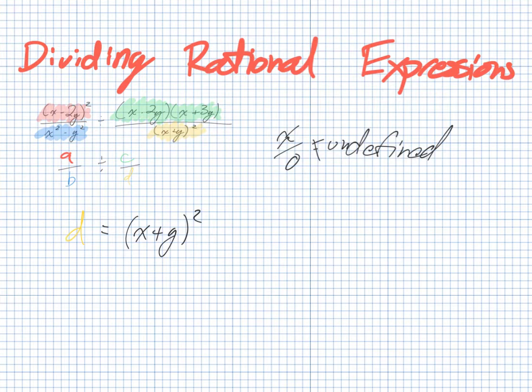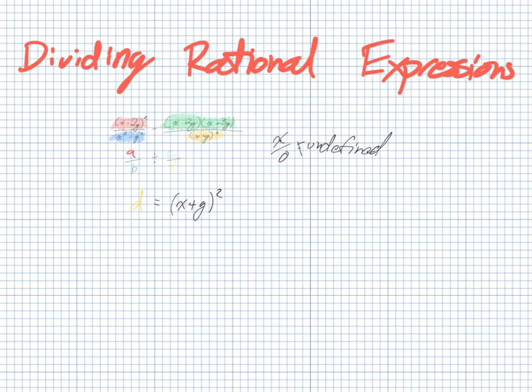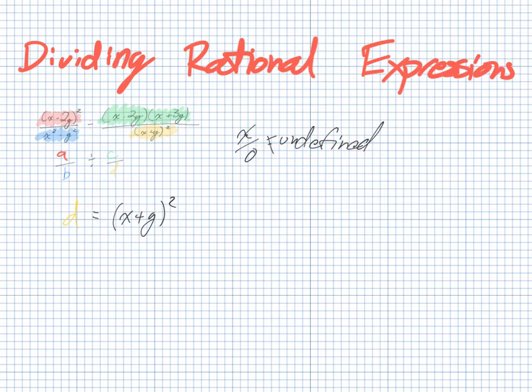So what we're going to do, we need to find out how the bottom part of this could technically become a 0. Well, it's already factored, which is really nice for us.